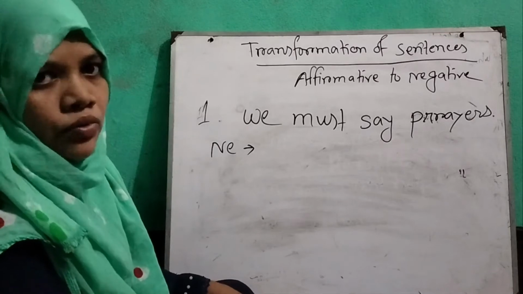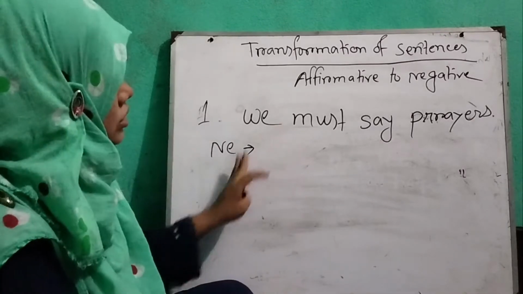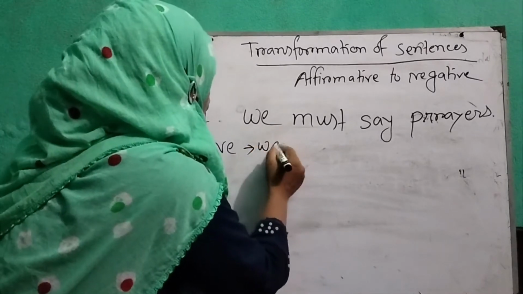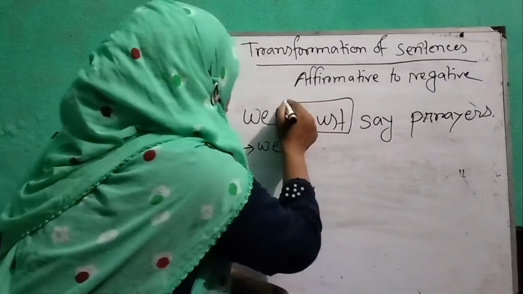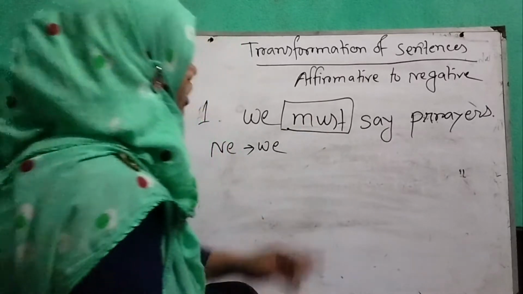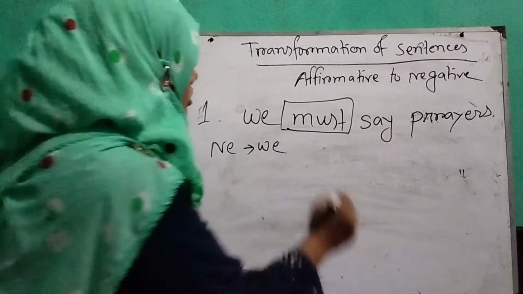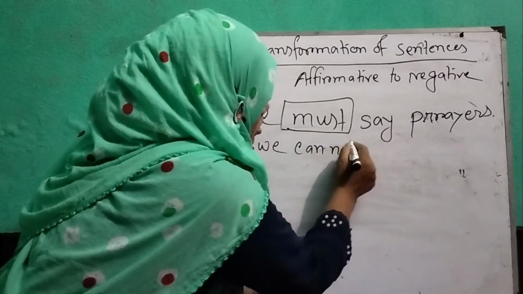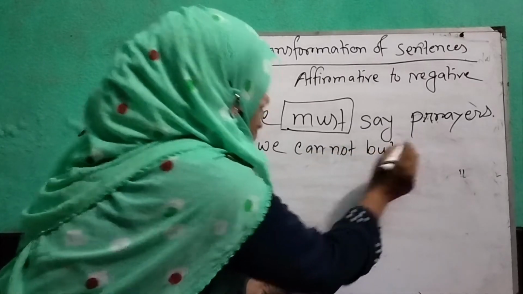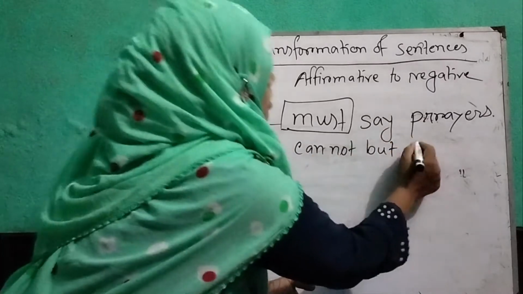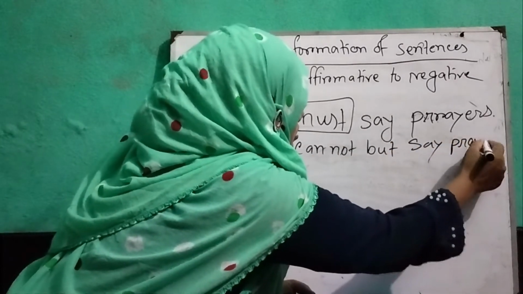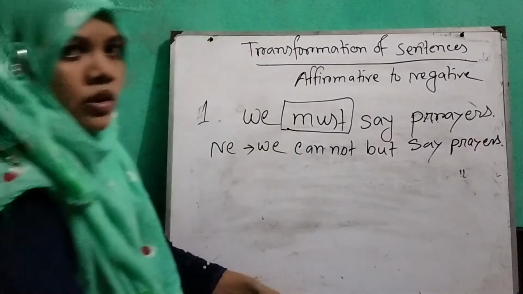And when we transform this sentence into negative, we have to write we, instead of must, we have to write cannot but, and then say prayers. Okay.